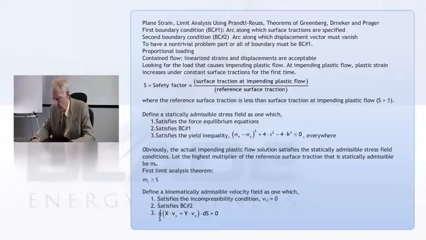Well, that's more a mathematical concern than a practical one. Anyway, we've got this safety factor, and where we don't have it, we're trying to find the safety factor. That's what we're up to. And we're going to have a way to establish first a lower bound on S, and secondly an upper bound on S.